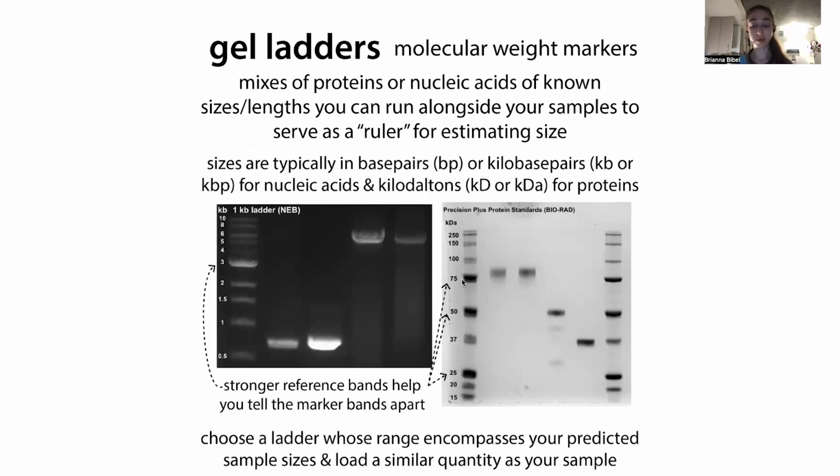So you always have to be running one of these ladders and making sure that the molecules you're interested in are in the range of the ladders, which is more of an issue for nucleic acids than proteins, because proteins tend to be all in a similar range of sizes, roughly speaking. Whereas with nucleic acids, you can have really tiny things or really, really big things, and so you want to choose your ladder accordingly.